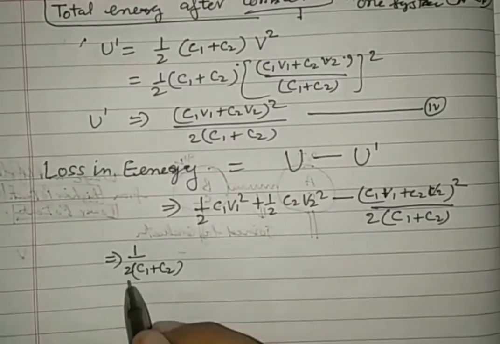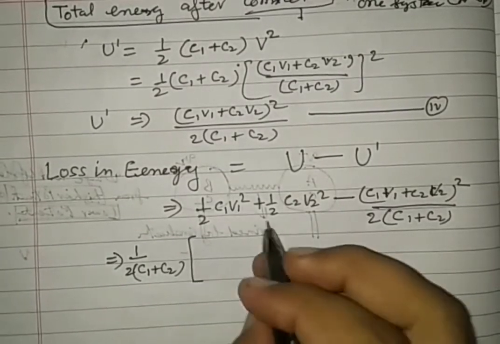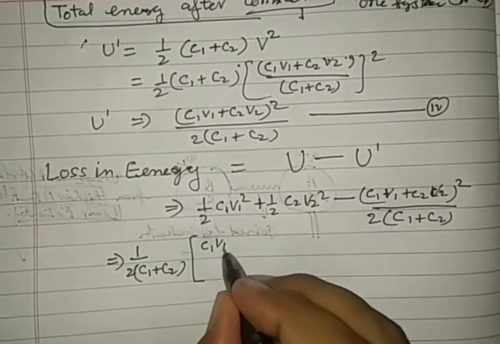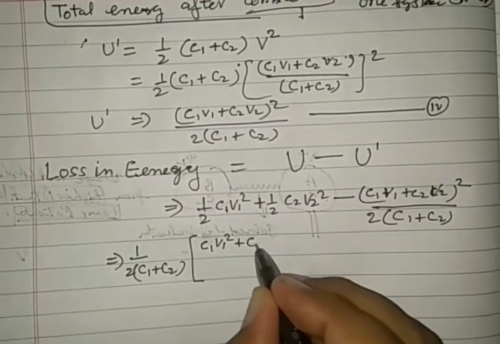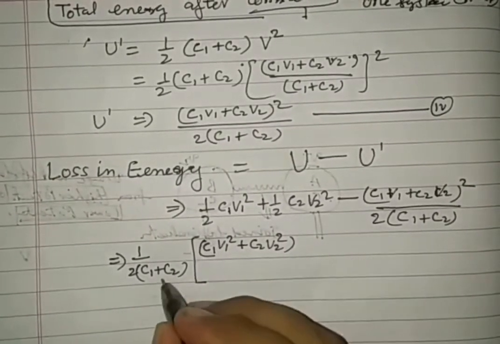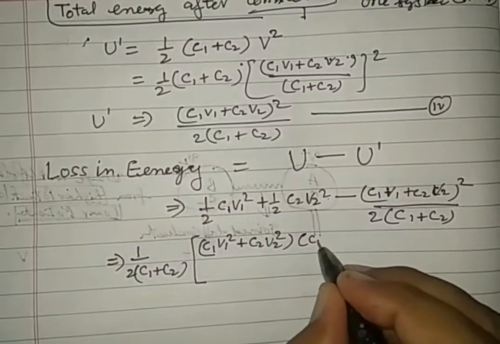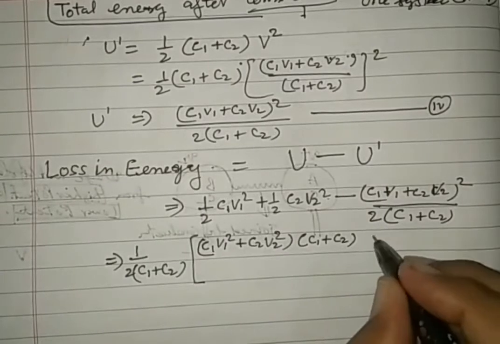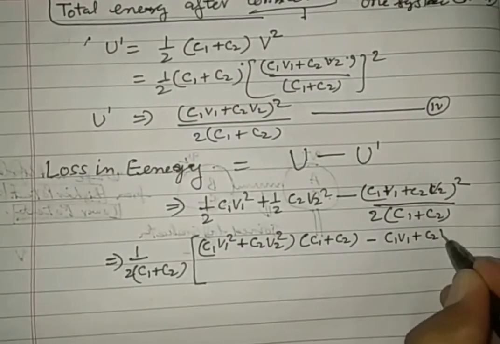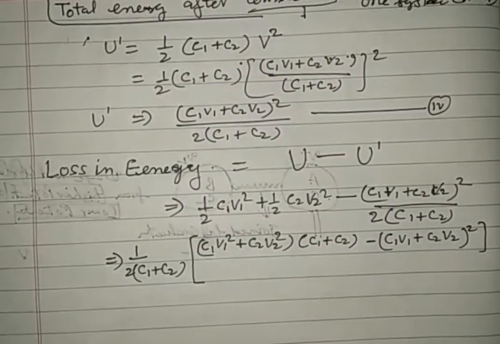Now we take common this term. See carefully what becomes of this part: C1 V1 square plus C2 V2 square. We have taken C1 plus C2 common, so we have to multiply by C1 plus C2, minus C1 V1 plus C2 V2 whole square.